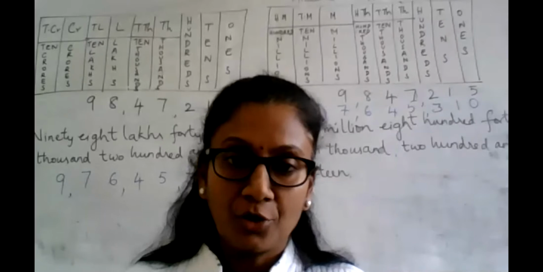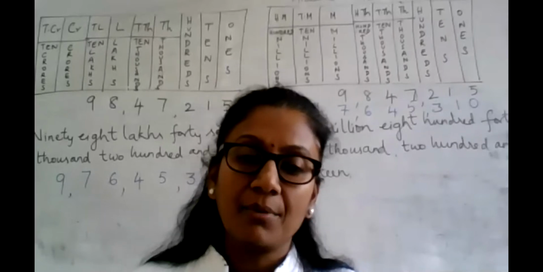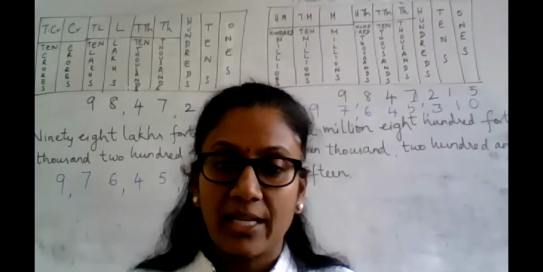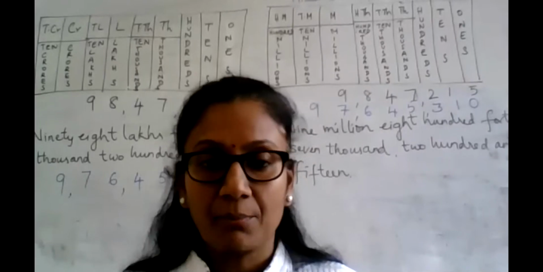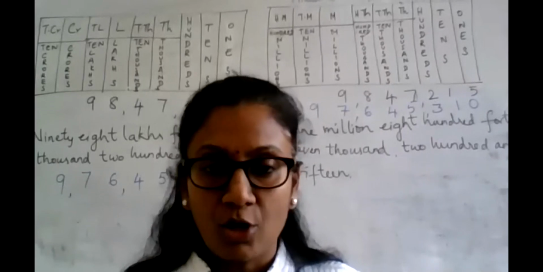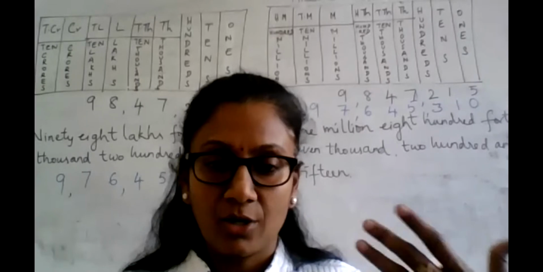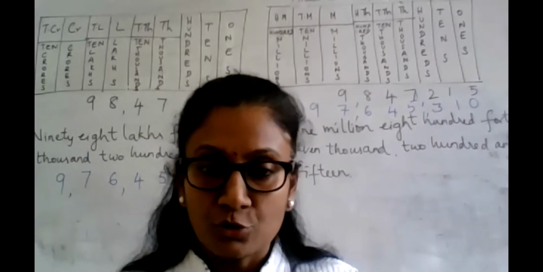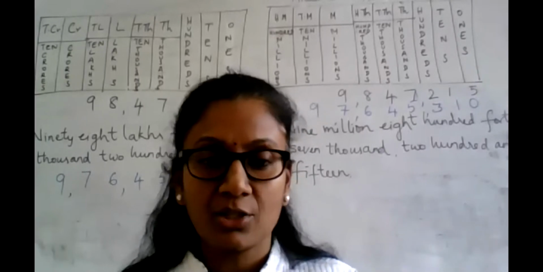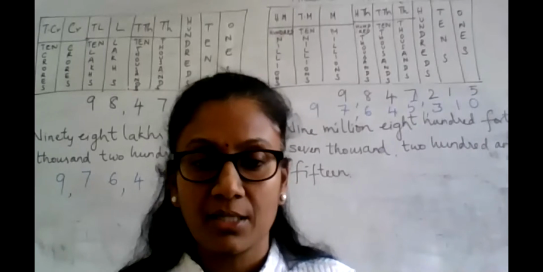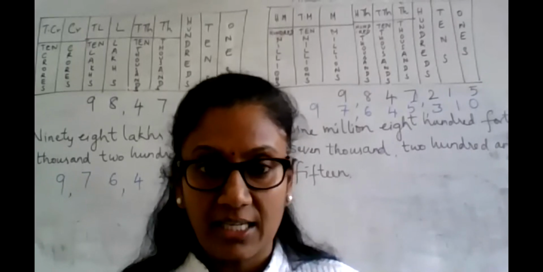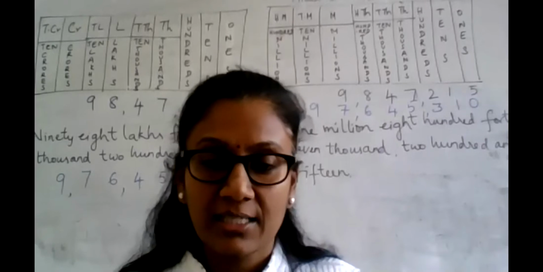So I hope now you're confident about writing the number names both in the Indian system as well as the international system. It's very important, my dear children, because as you move on to your higher chapters or the higher classes, you should clearly distinguish between the two systems and you should be able to name the numbers. So that's why we are taking a little time to teach you here in class 6.